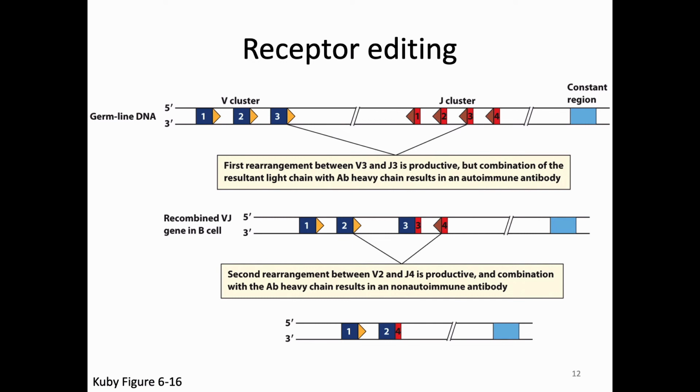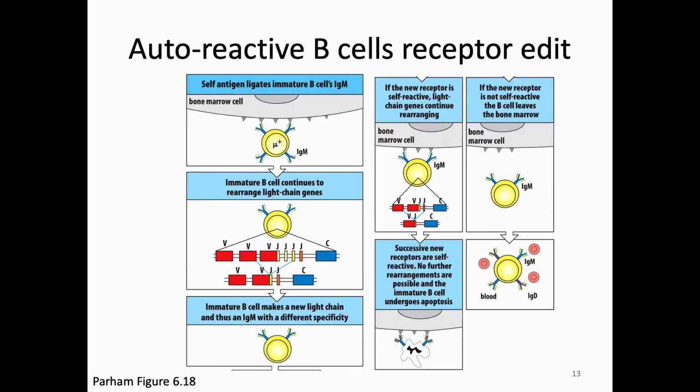If this cell had started out with V1 and J4 as its first choice, and some B cells would do that, then it would be out of luck on this chromosome. It would have used up all its chances on this chromosome. But since this B cell has some choices left, it will in fact be able to try to make a new light chain in order to not be self-reactive. And so you can see this process here again.